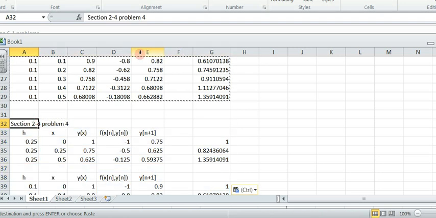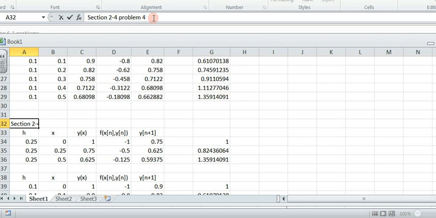So we're going to do problem 6. In problem 6, y prime is equal to minus 2xy. y0 is 2. Okay, so y0 is 2.